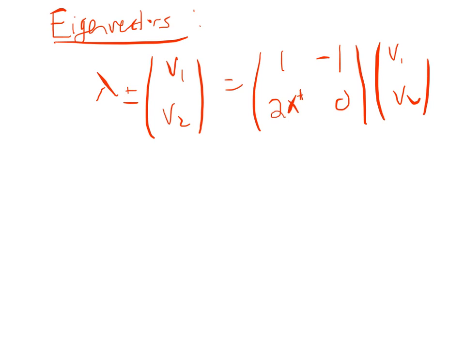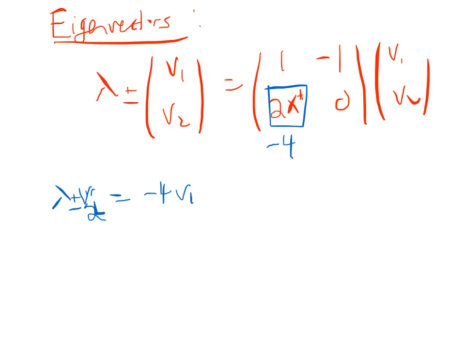Now, for the saddle, the eigenvectors solve this equation where, of course, x star is minus 2, so this number is minus 4. We can find the components of the eigenvectors v1 and v2 from either the first or the second equation, but the easiest one to look at is the second: lambda plus minus v2 is equal to minus 4 v1.